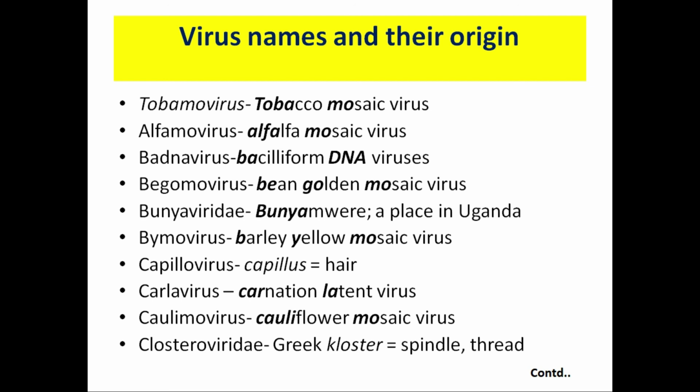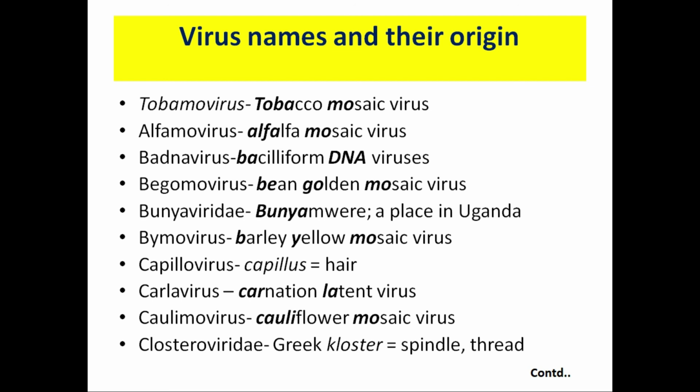Now in this we will only see how the names have originated. Alphamovirus, alfalfa mosaic virus. Badnavirus, bacilliform DNA virus. Begomovirus, bean golden mosaic virus. Bunyaviridae is a family.